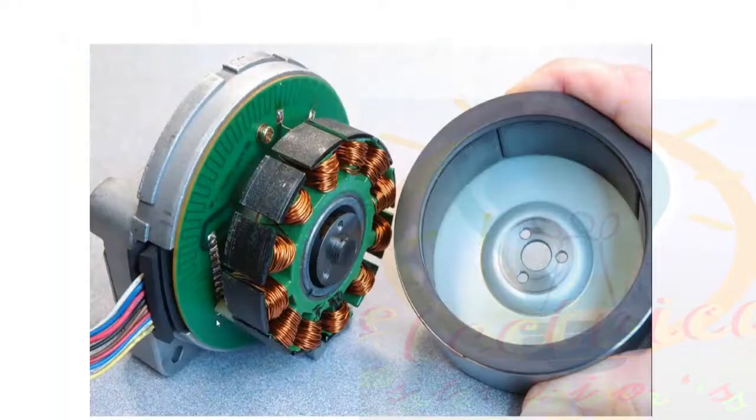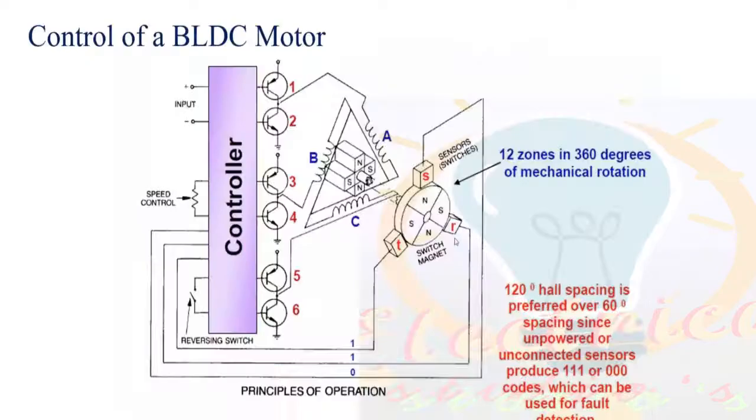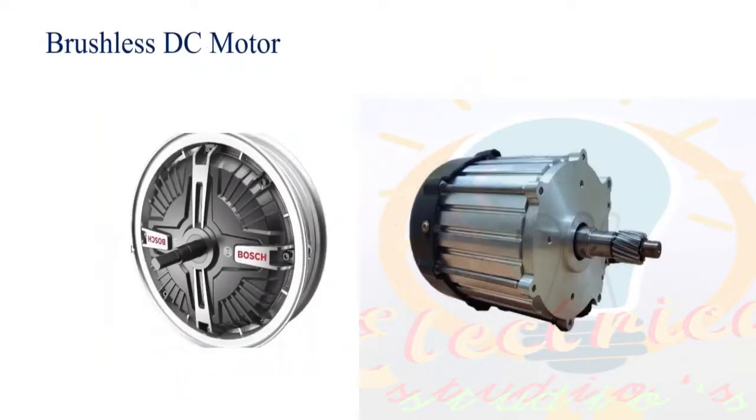So, for example, this is an example of a BLDC motor. This is the stator part, this is the rotor part. And you know hub motors come under the category of external rotor. This is an example of a hub motor, right? In this case, the outer one is the rotor and the inner one is the stator, but in the other case, the outer one is the stator and the inner one is the rotor.